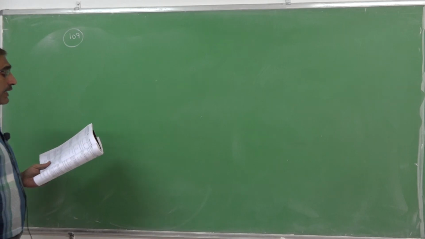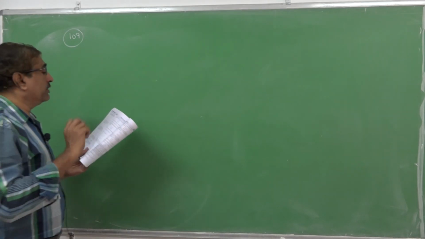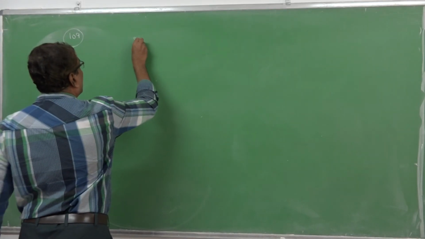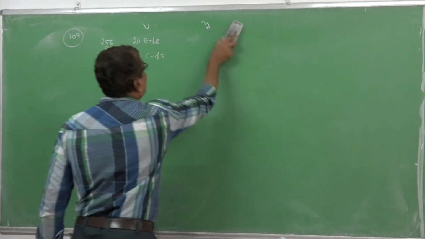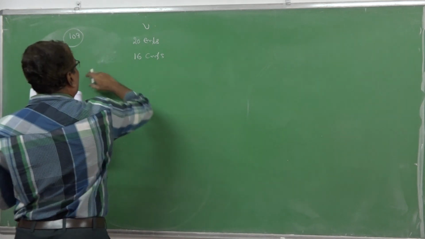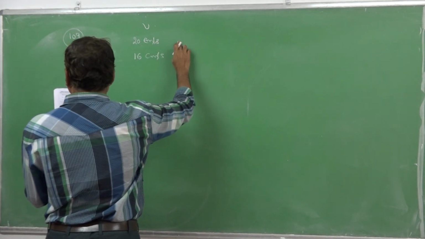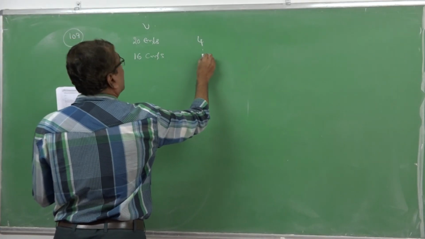Find its time period. Okay. So a particle executing SHM has velocity 20 cm per second at displacement 4 cm, and 16 cm per second at displacement 5 cm.